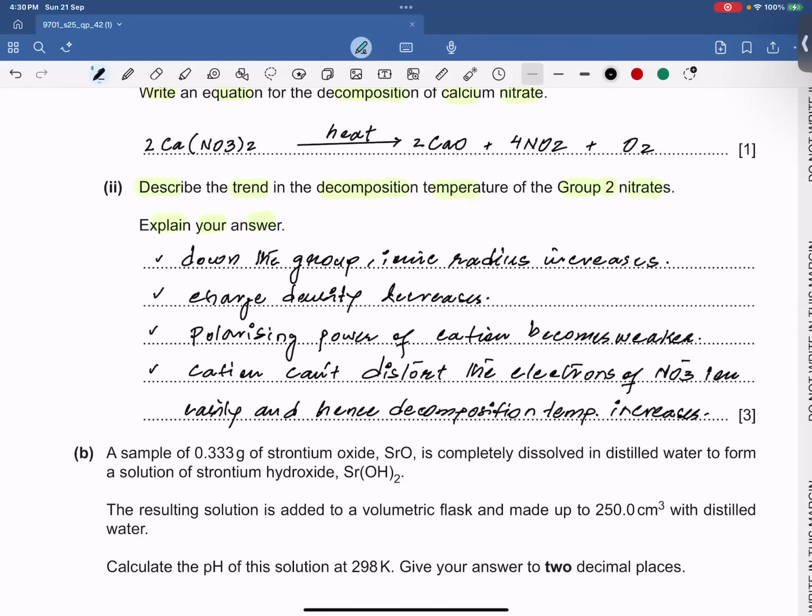In other words, we can say down the group, thermal stability of group 2 nitrates increases. All right. Let's move on to the next part of the question.